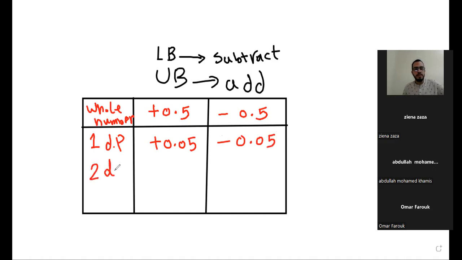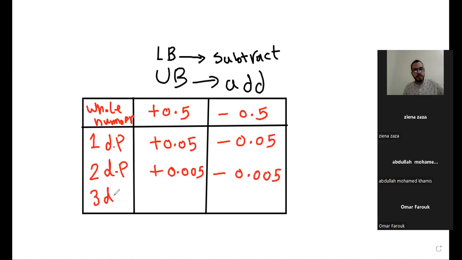Two decimal places, you add 0.005 and you subtract 0.005.